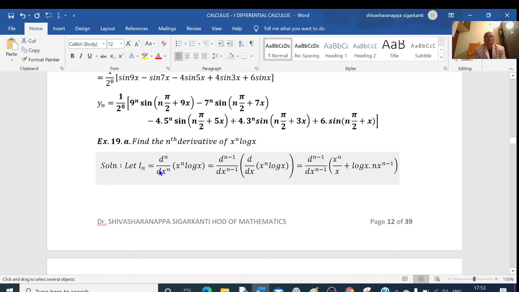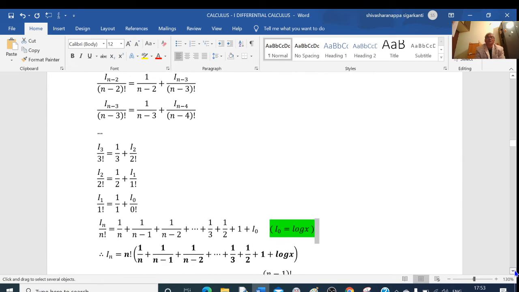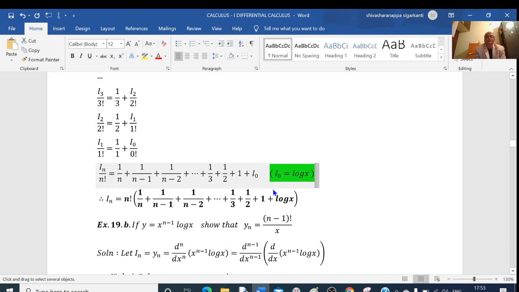The meaning of this d^0 is don't differentiate, keep this as it is. I_0 equal to this as it is. x to the power of 0 is 1 into log x. That is I_0 is equal to log x. Substituting this I_0 here, this is log x.